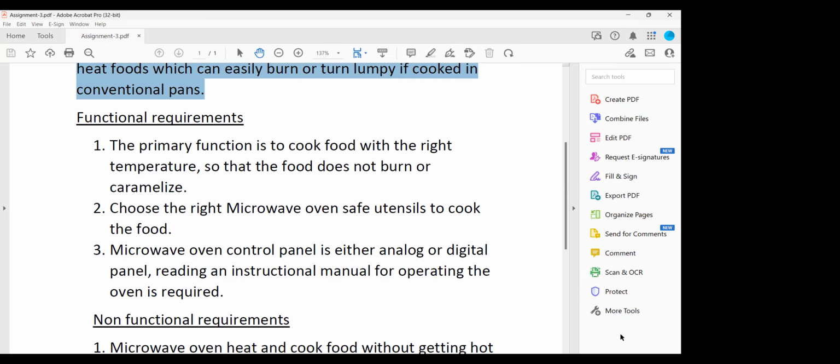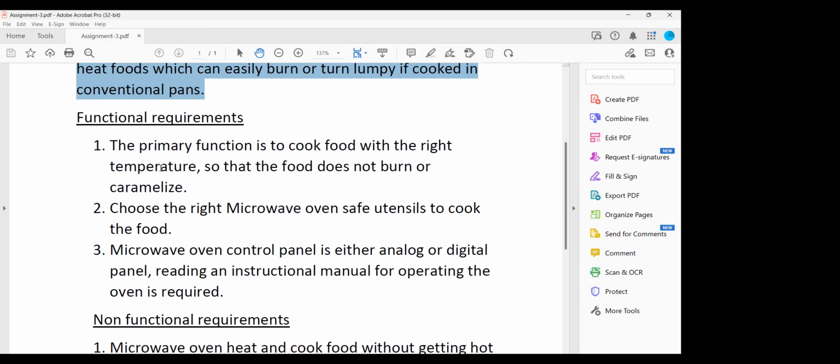Can we think in this way? Here it has been mentioned the right temperature and the right timing, and you will set the timer.